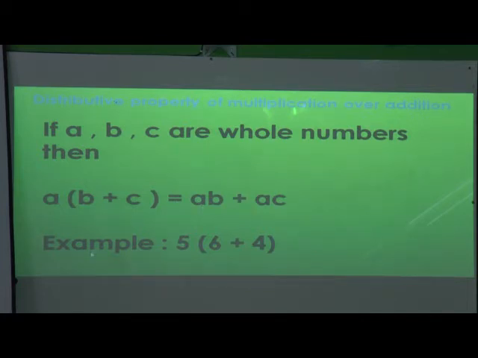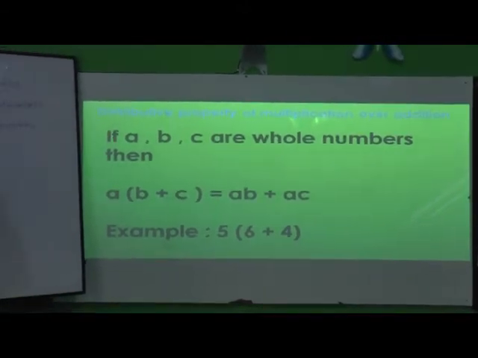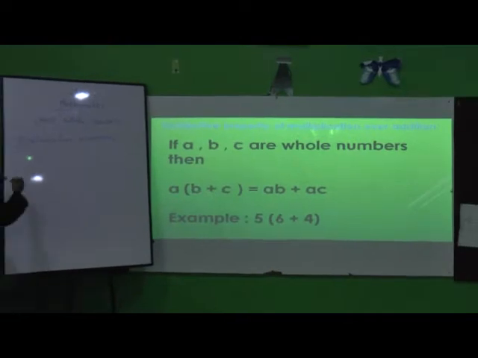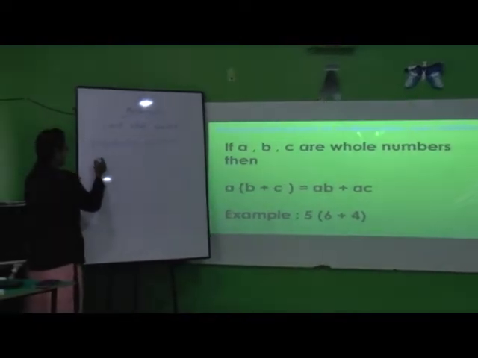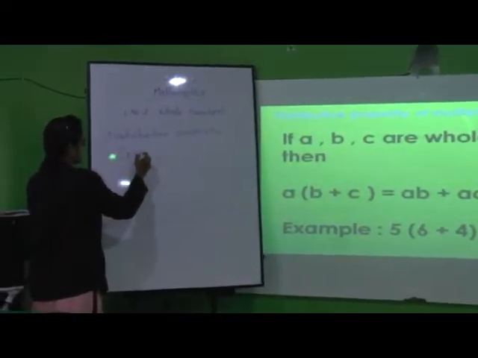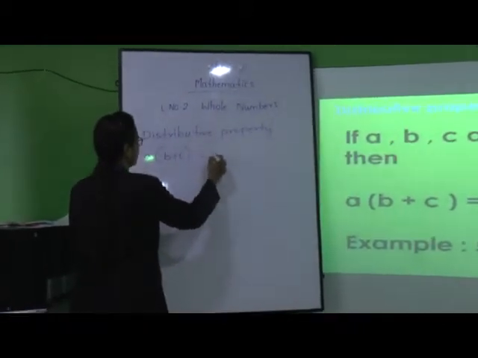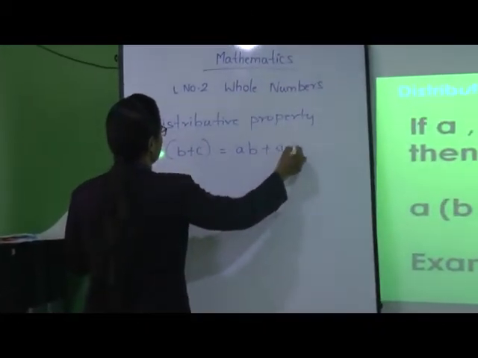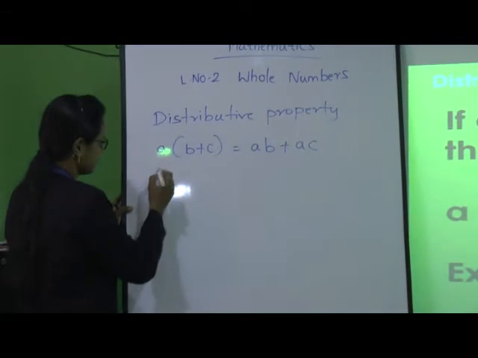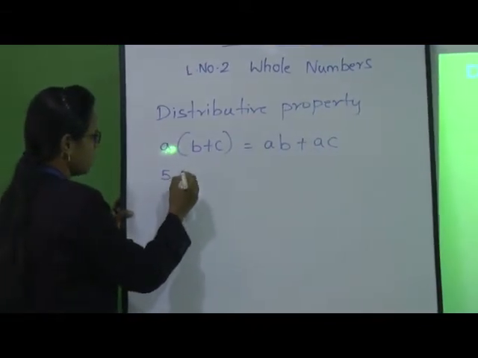Okay. Let us solve one example. See here, distributive property, we have to distribute and then we have to solve it. See, a into b plus c is equal to ab plus ac. Let us solve this. We have 5.